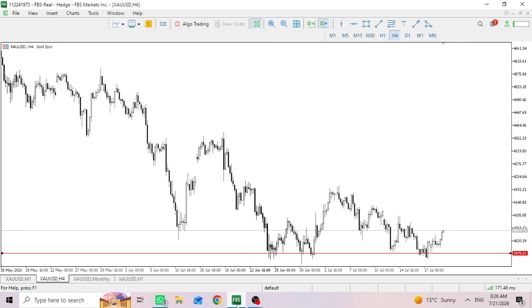Remember, as a trader, a beginner or an advanced trader, one thing we can all agree on is that when you open the forex chart, the first thing you see is not price, it's not time. The first thing you're seeing is candles.